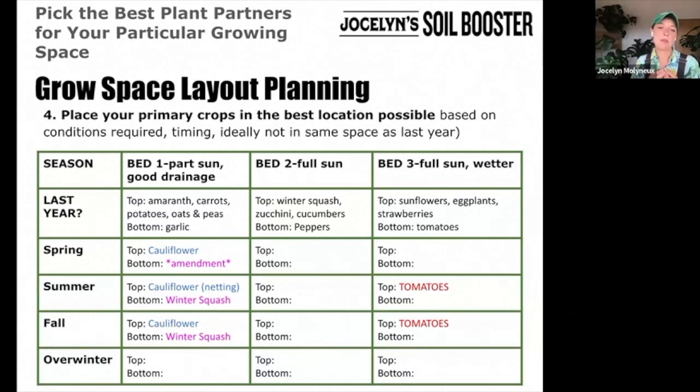The other thing this allowed me to anticipate by putting the winter squash there is that I know it is a heavy feeder. I know it likes to have a lot of nitrogen in the soil.